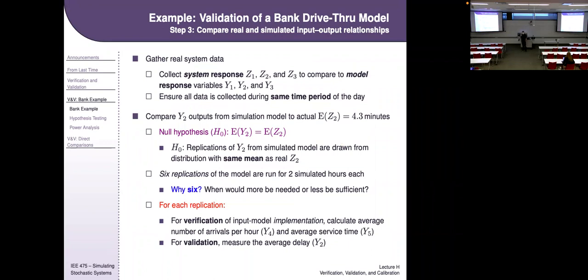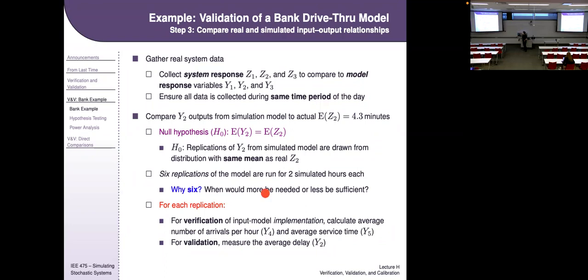So we need to ask what's the likelihood that the data I got out of the sim came from a distribution with a 4.3 mean, which matches reality. My null is that the mean of my sim matches the mean of the real system. I need to choose a number of replications to run to estimate this, and that involves the statistical power we're getting into.